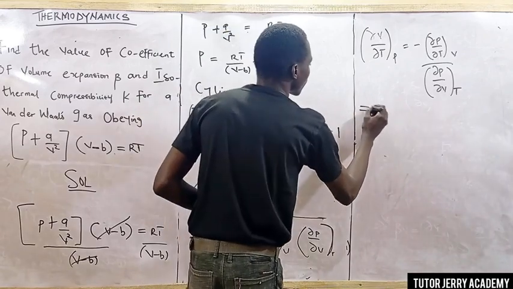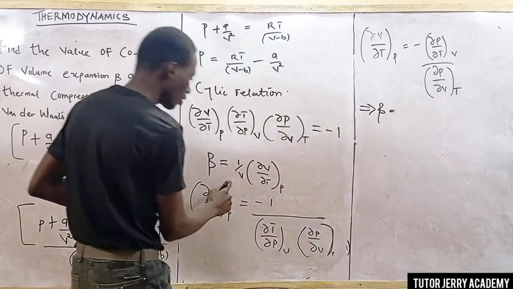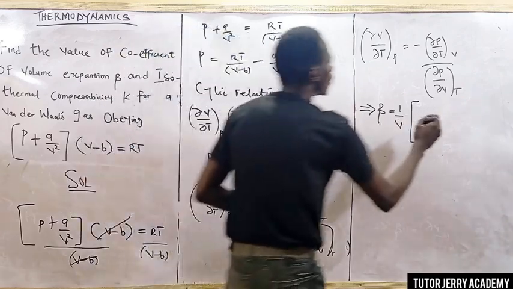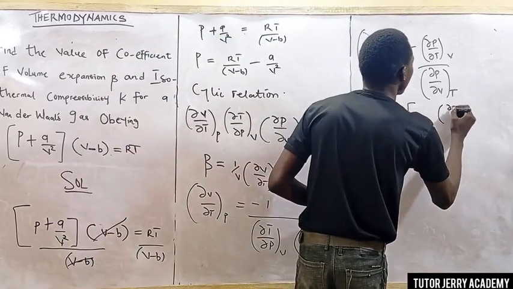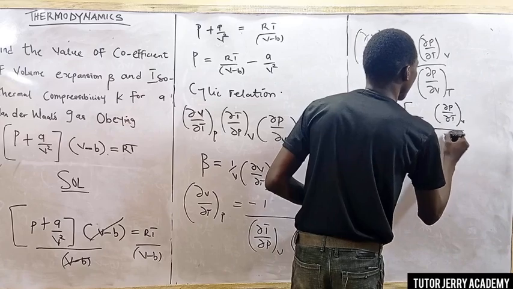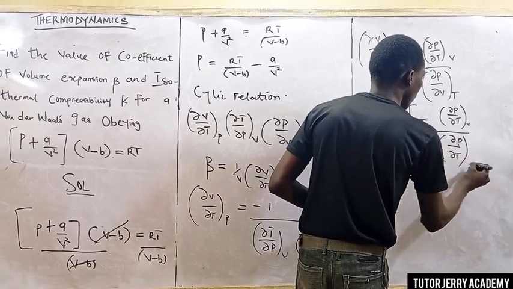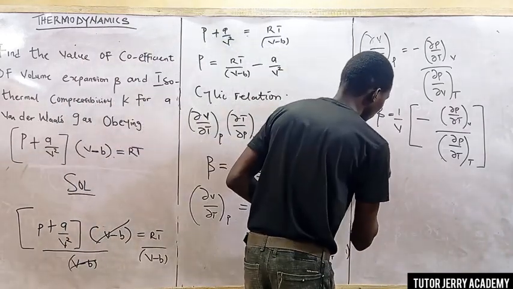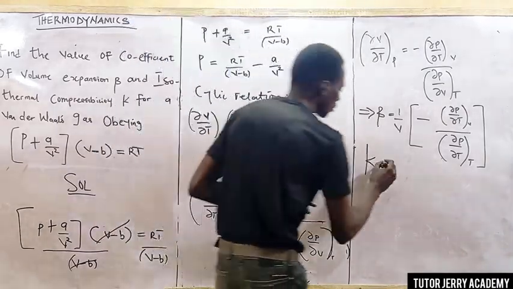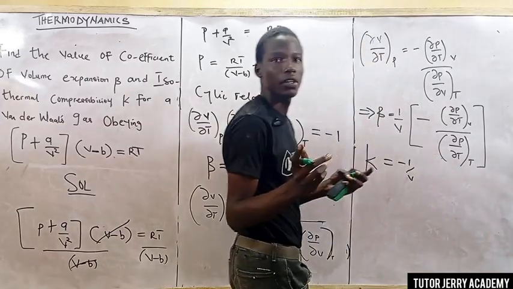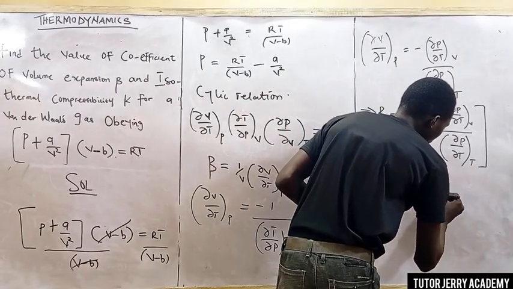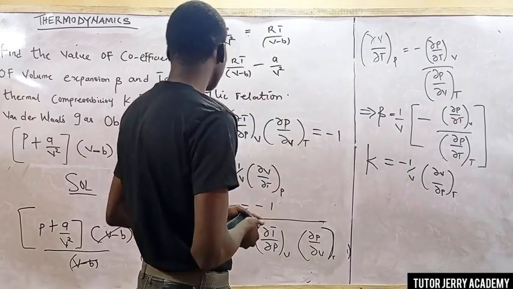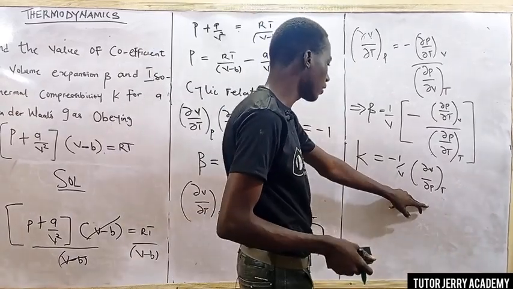It implies that beta will be equal to 1 over V times the value of the partial of V over T at constant P, which is this: minus the partial of P over V at constant T, over the partial of P over T at constant V. Similarly, we know that K, which is our compressibility factor, is equal to minus 1 over V times the partial of V over P, keeping temperature constant. This is our compressibility factor.